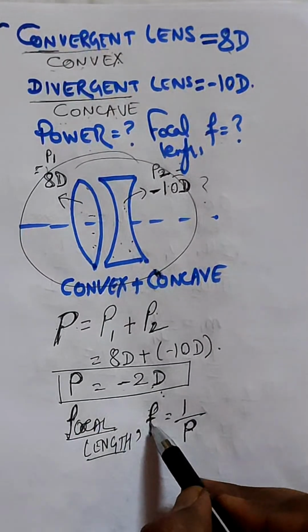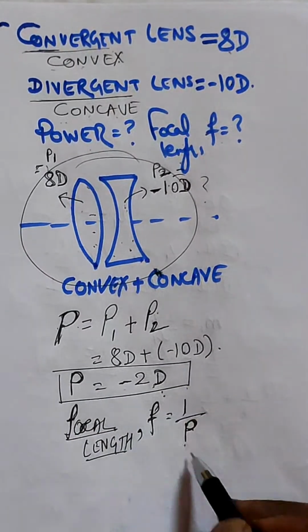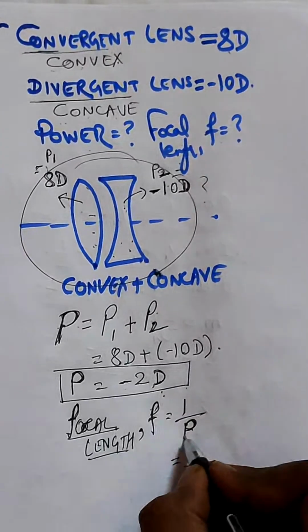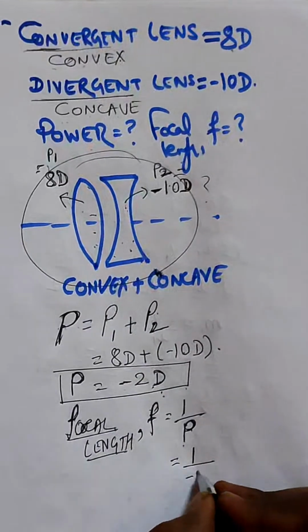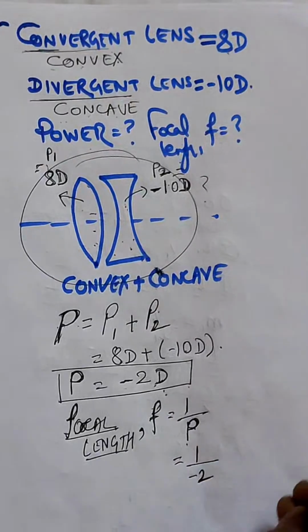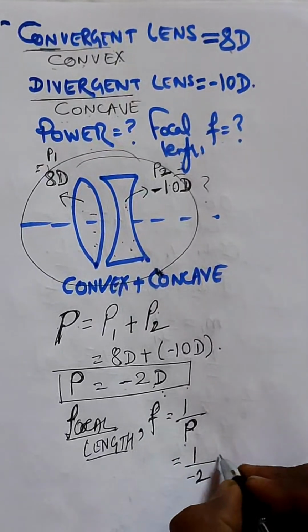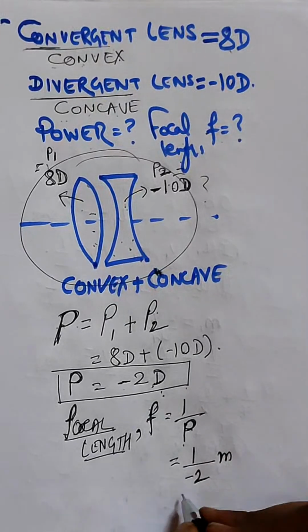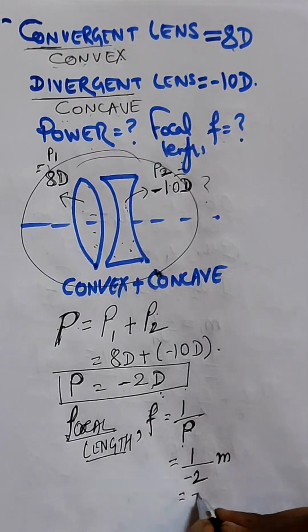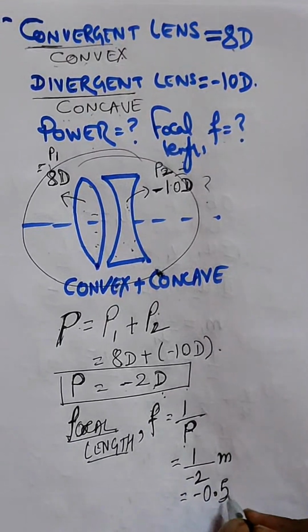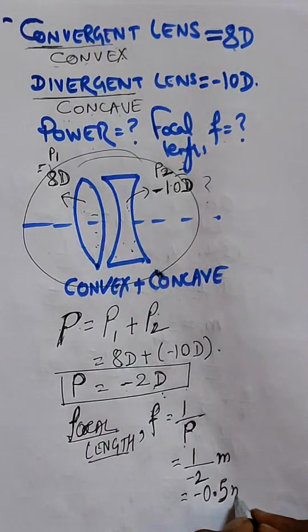So the focal length will be calculated as 1 by P. Put the value of P as minus 2, and the unit will be meter. This will give you minus 0.5 meter.